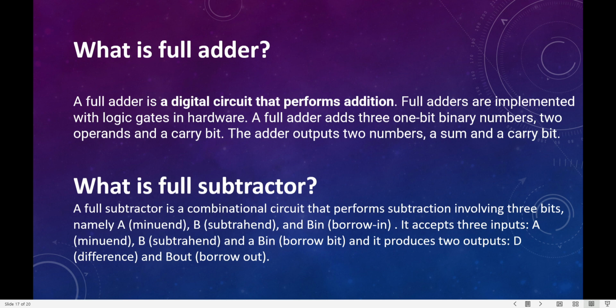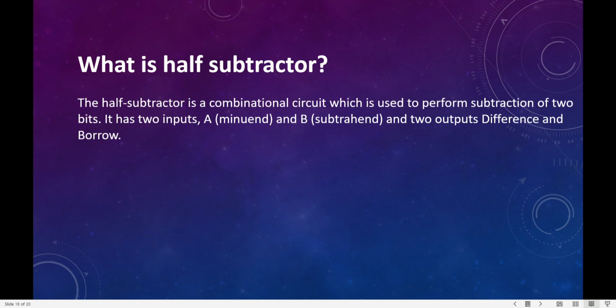It has three inputs, A the minuend, B the subtrahend and Bin the borrow bit, and it produces two outputs, D meaning the difference and Bout meaning the borrow out. So this is the full subtractor.